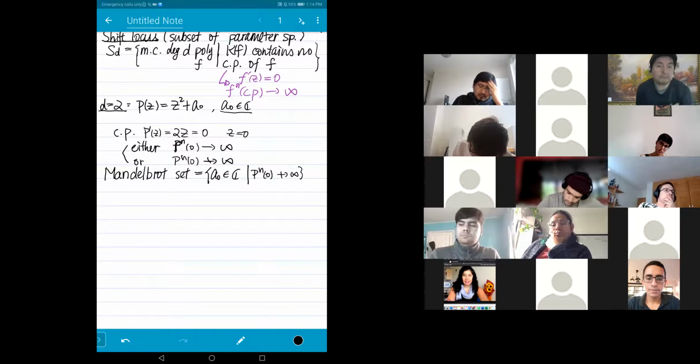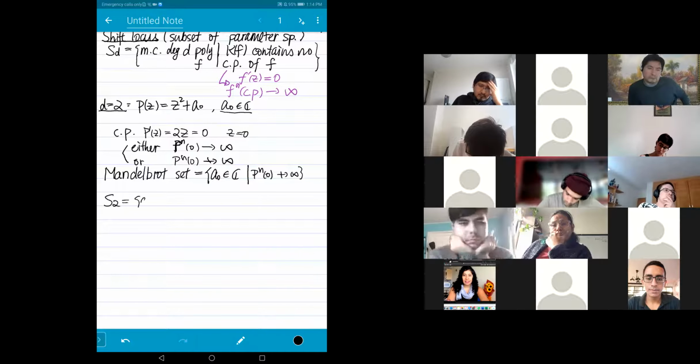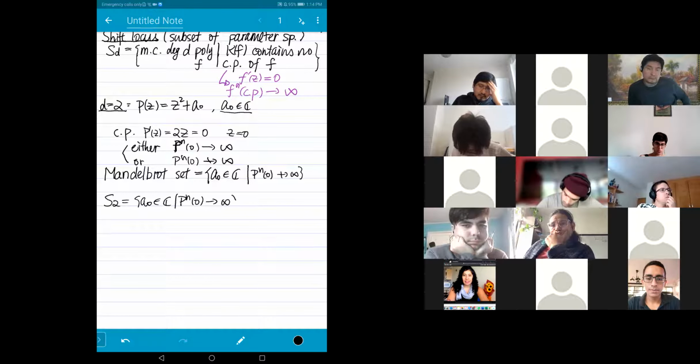And again, by definition, the shift locus is the set of parameters such that the critical points all go to infinity. So the critical point is 0, so 0 goes to infinity. And you can see this is basically the complement of the Mandelbrot set. So this is C minus the Mandelbrot set.